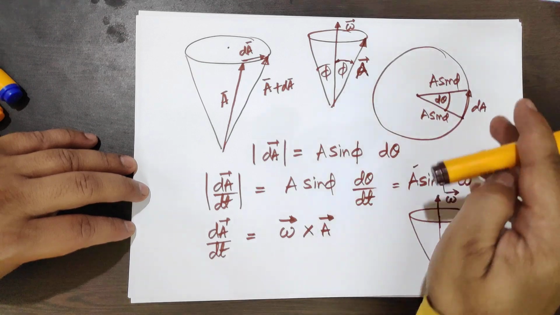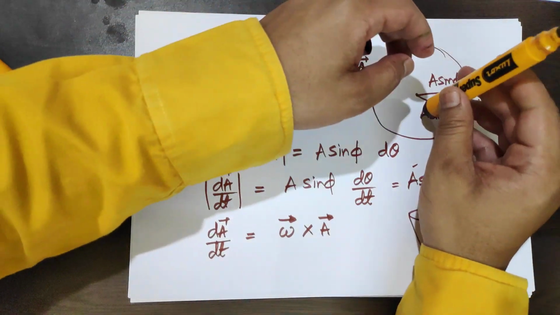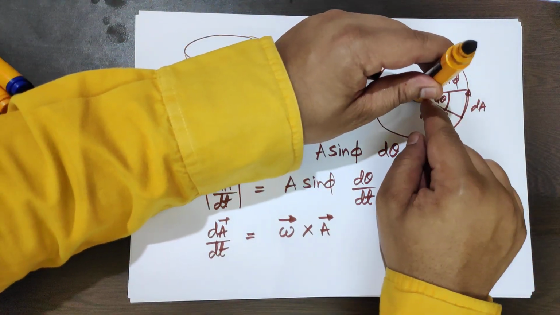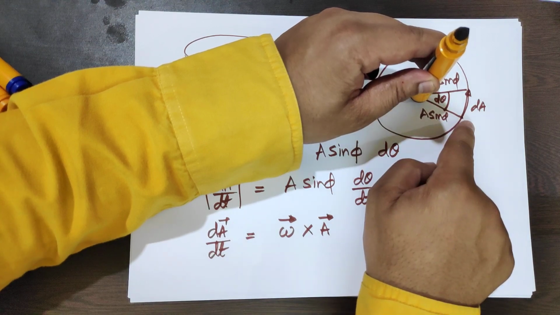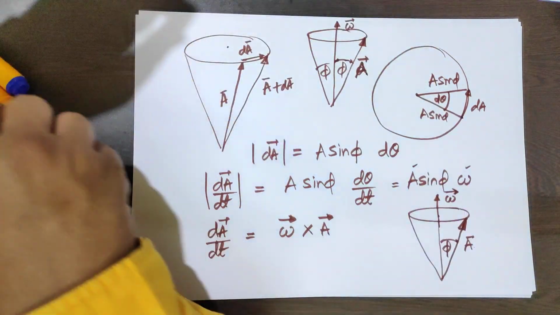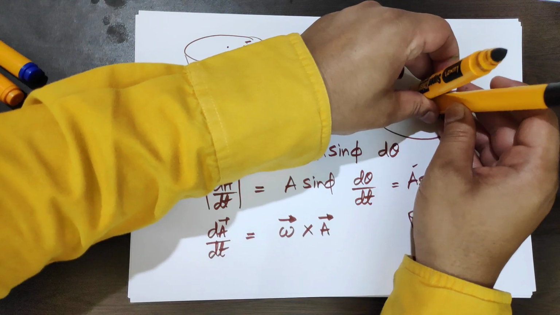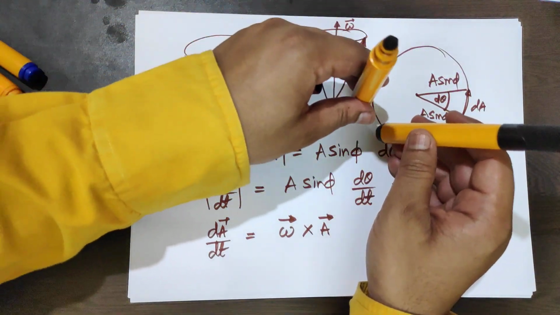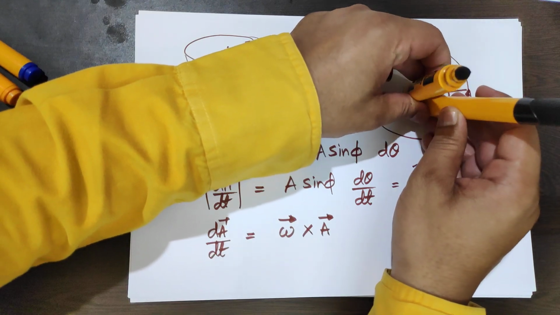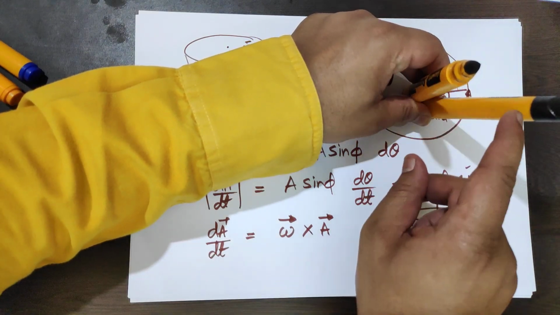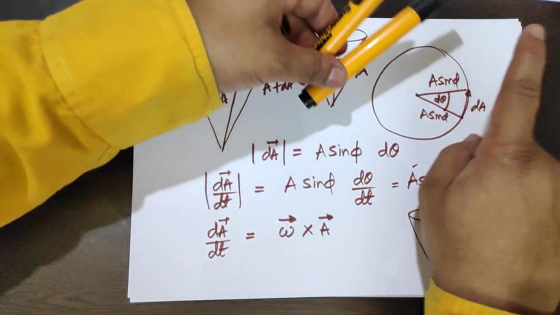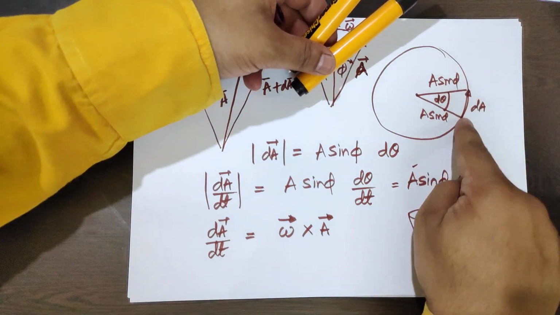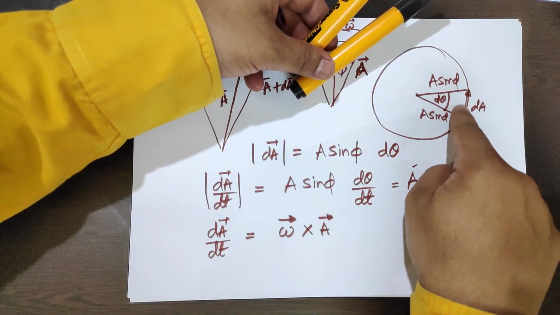It matches with that because in this diagram omega is in this direction, out, and A is there. So omega cross A is this way, and there you get this dA vector, right?